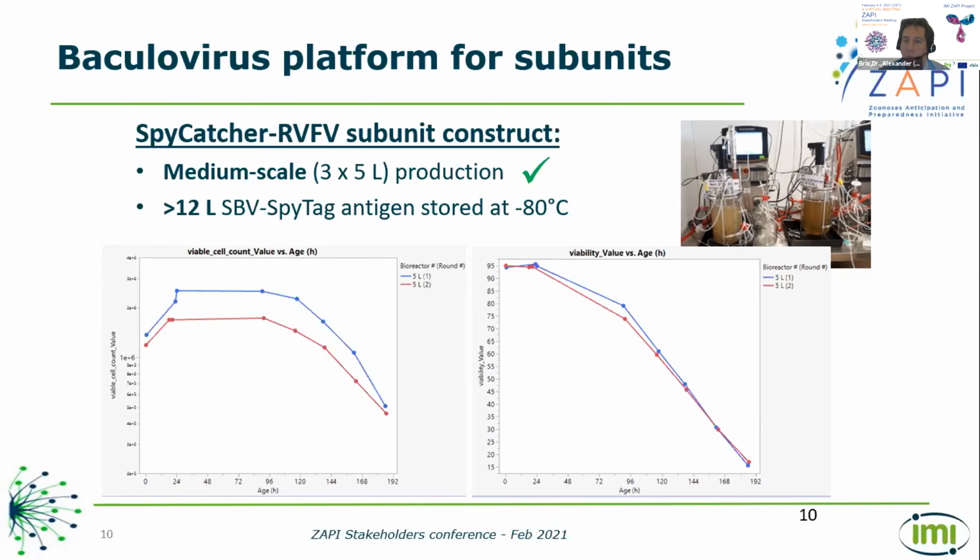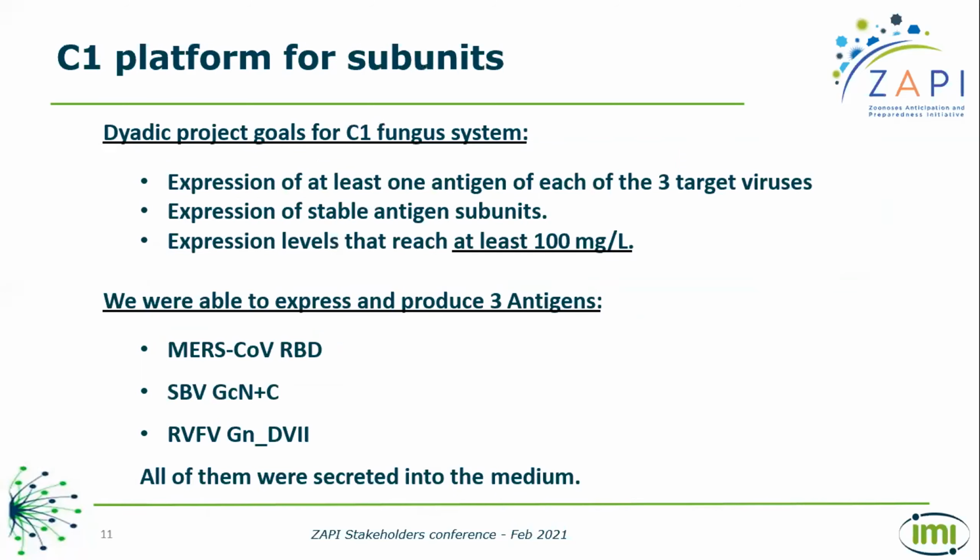Acceptable process performance, but low yields, meaning we would need to concentrate the material to be able to couple it to the MPSPs in a feasible way later on. Next slide, please. And with this, I will hand over to Ronan.